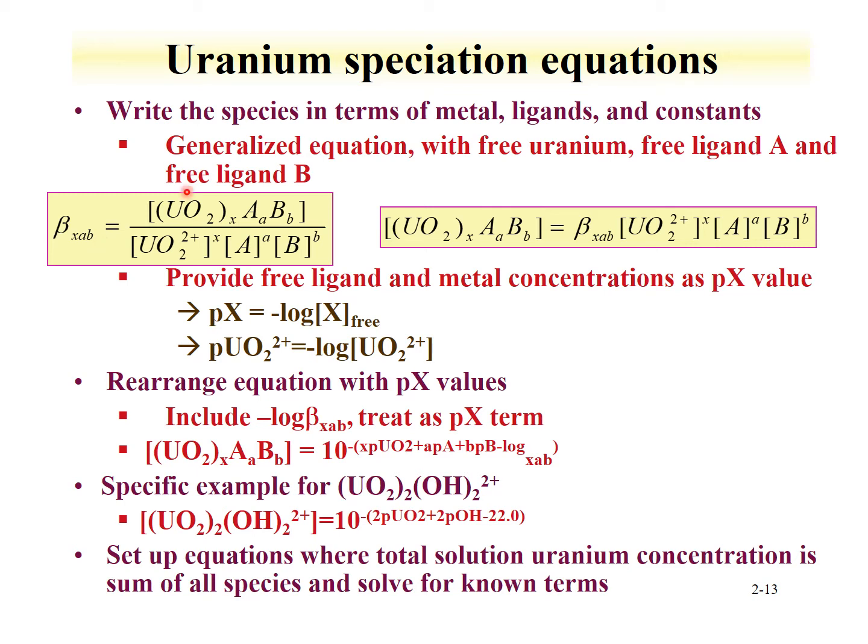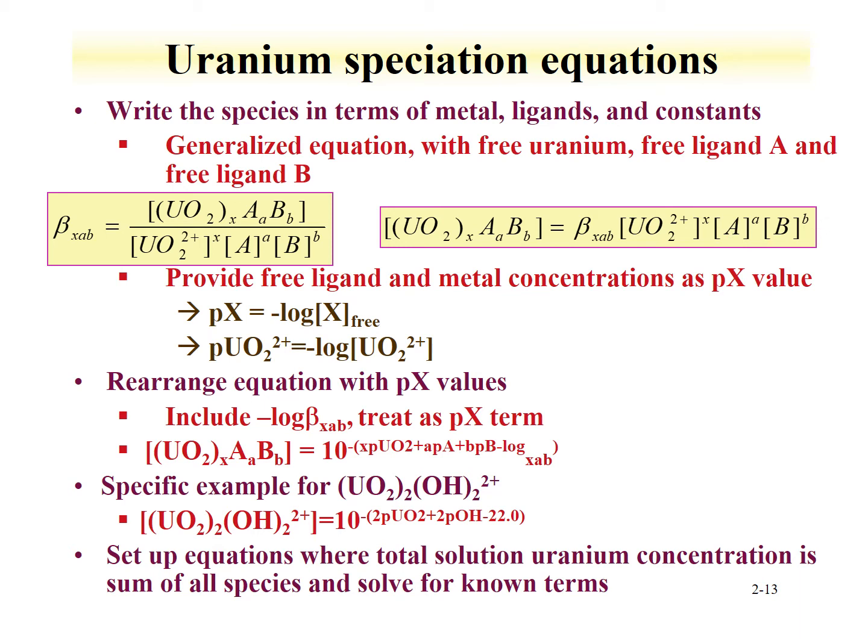If I have this generalized complexation constant, I can write the concentration of the product as a function of the complexation constant and the species involved in the reaction.